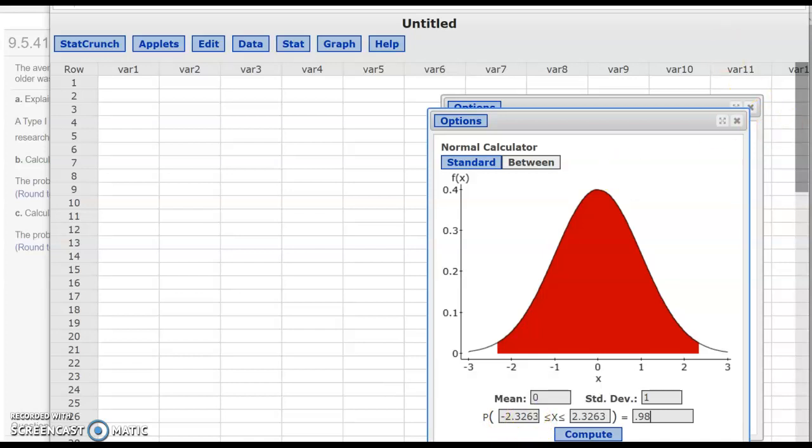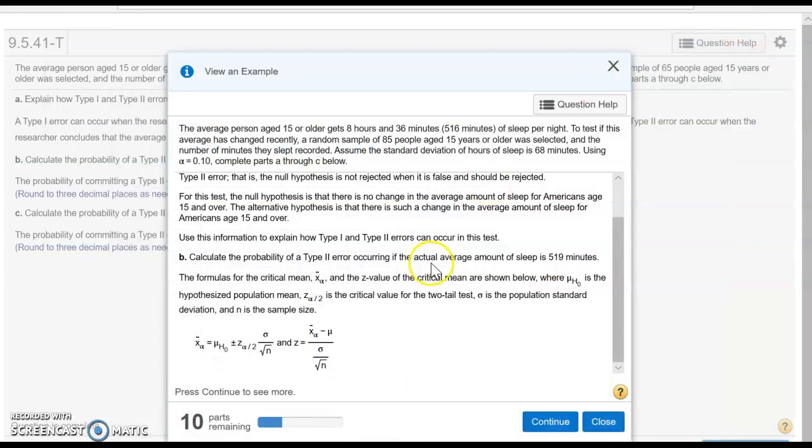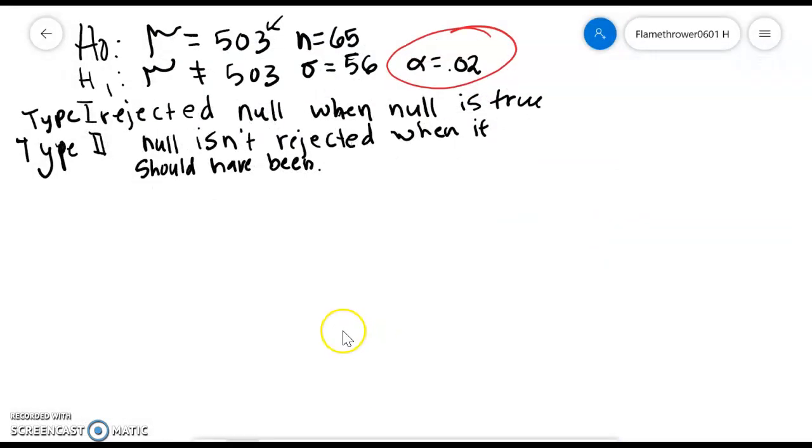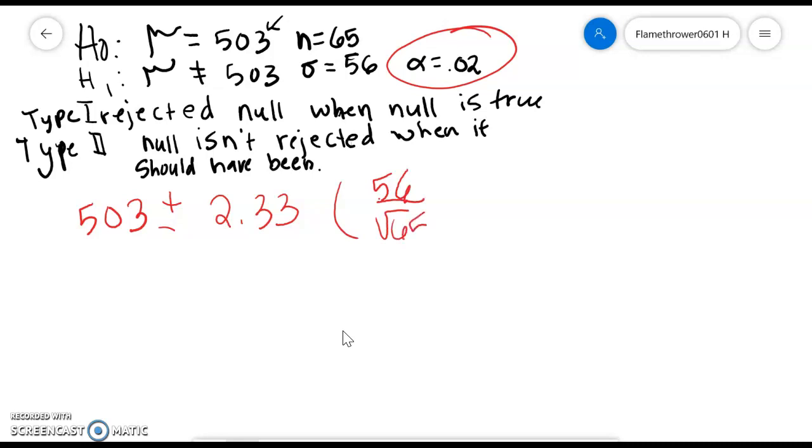So now we can figure out what our critical means are. We're going to have two of those. So let's calculate our critical means. What we do is we take our null mean, which is 503, and then we do plus or minus our z value for our critical mean, times 56 divided by the square root of 65.